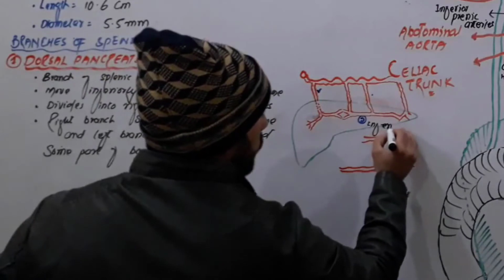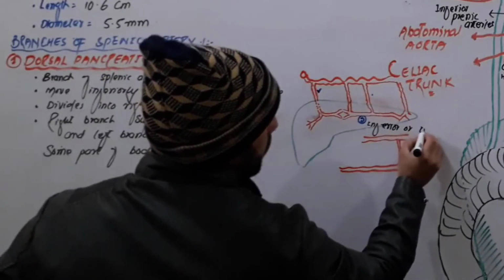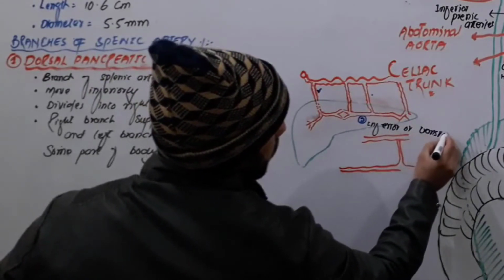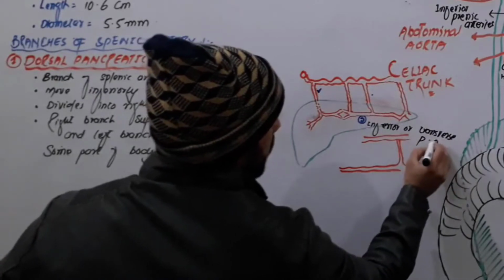That's why we call it inferior pancreatic artery or transverse pancreatic artery. So this is our inferior or transverse pancreatic artery, right?